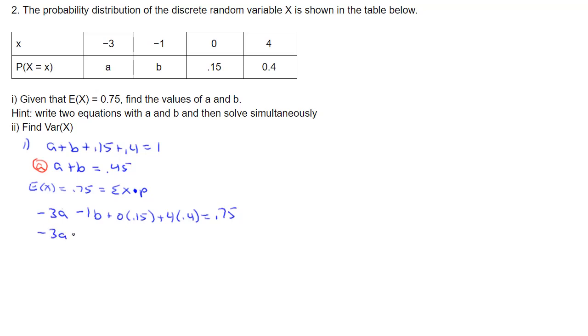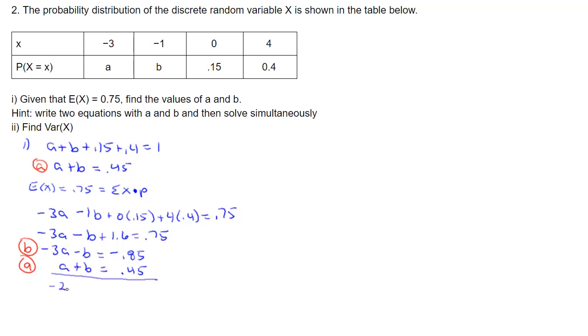Now, all I've got to do is get the a's and b's by themselves, combine like terms, simplify. 4 times 0.4 is going to be 1.6, and so now I'm going to take an equal 0.75, and I'm going to get these variables by themselves, so I'm going to subtract 1.6 on both sides and get negative 0.85. Now that's my equation number 2, or b. Now if I take equation a and put it right below it, you'll notice that the one has a negative b and the other one has a positive b.